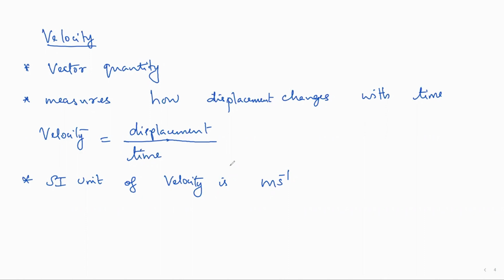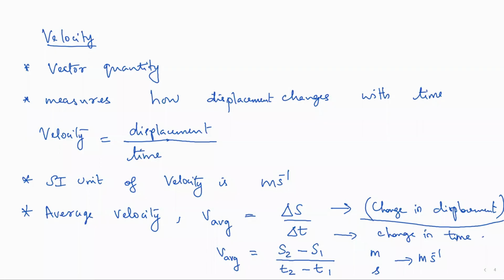We need to calculate the average velocity using a formula. Average velocity, V average, is equal to change in displacement over change in time. Change is represented by the symbol delta. Delta S is the change in displacement, where S is the displacement symbol, and delta T is the change in time, where T is the time symbol.